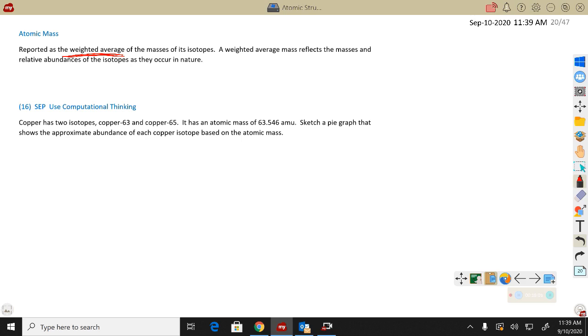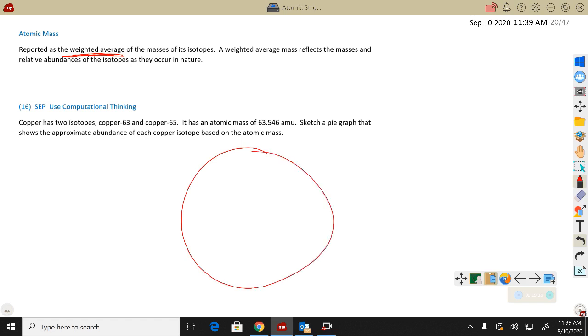But on the periodic table, its mass will be reported as 63.546 AMU. There is no one isotope of copper with a mass of 63.546 AMU. It's a weighted average of those two isotopes. So if we wanted to sketch a pie graph that shows the approximate abundance of each copper isotope, let's think about it.